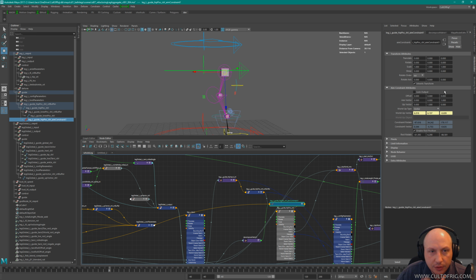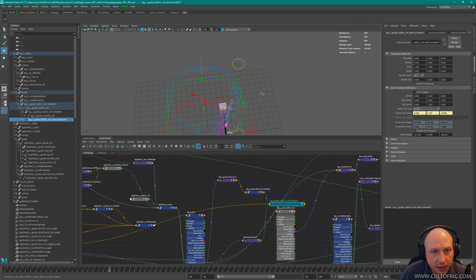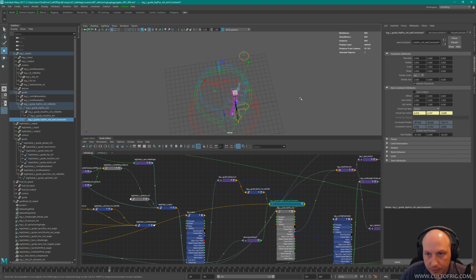Up vector, I'm a vector in the Y, which is cool. Or type. Oh, rest rotate. I don't particularly care for rest rotate. Pivots should all be off.